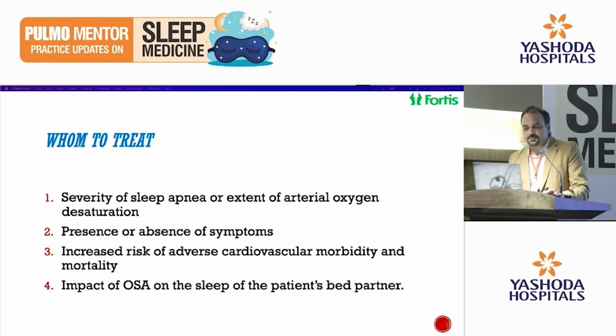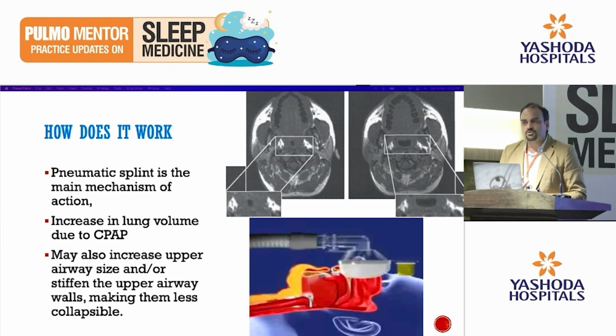Presence or absence of symptoms in these patients, despite it being mild, moderate, or severe on your sleep study. Whether these symptoms are leading to increased risk of cardiovascular mortality and morbidity in patients, and the impact of OSA on the sleep partner, which is probably the most ignored part when we are treating sleep apnea, but it has been in the guidelines. If the bed partner is also getting problems because of sleep apnea, you need to treat the person. Right.